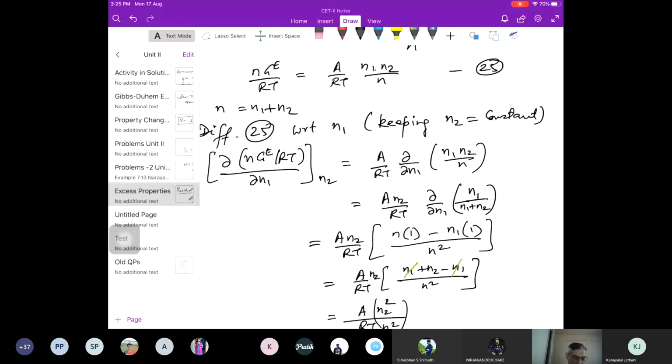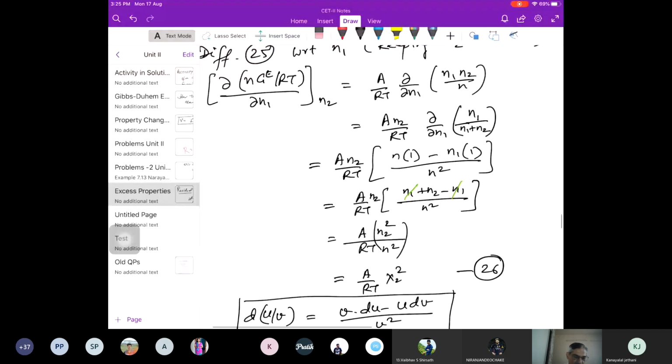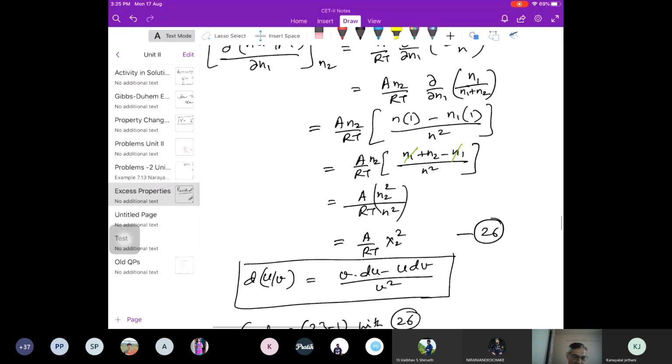Okay? So if we take this n1 upon n1 plus n2, it is nothing but d of u by v. It is the denominator into derivative of numerator minus numerator into derivative of denominator, divided by denominator square. So we take that here, A n2 by RT, denominator is n into derivative of n1 with respect to n1 which is 1, minus n1 as numerator into derivative of denominator, again 1, all by n square.